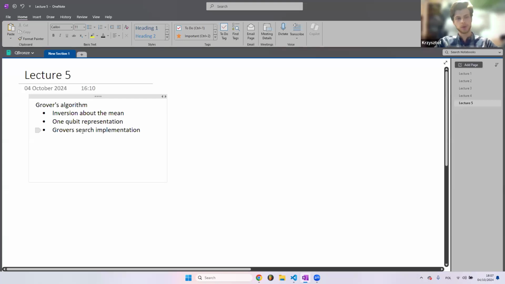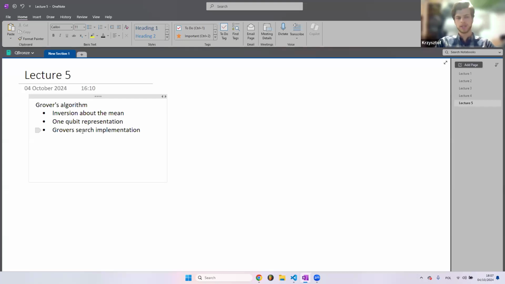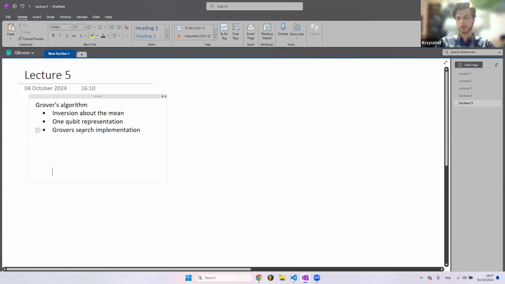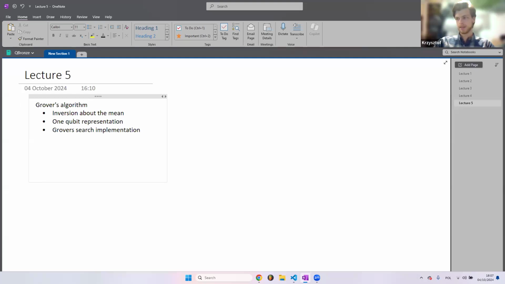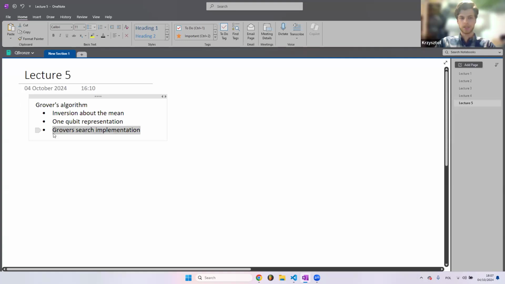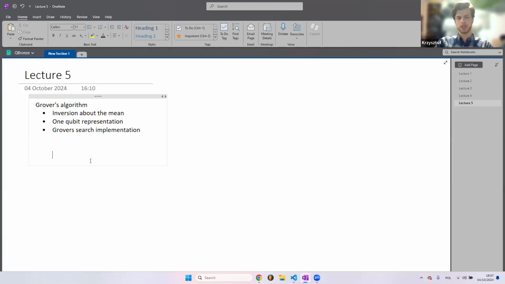Then we will switch to one qubit representation, so we will take our state of many qubits to be represented as one qubit, and then apply operations to also see the intuition behind this algorithm and what it does. And at the end, we will get to the implementation. So what gates do we actually need to use in order to represent this game and the one qubit representation in the case of Grover's algorithm.